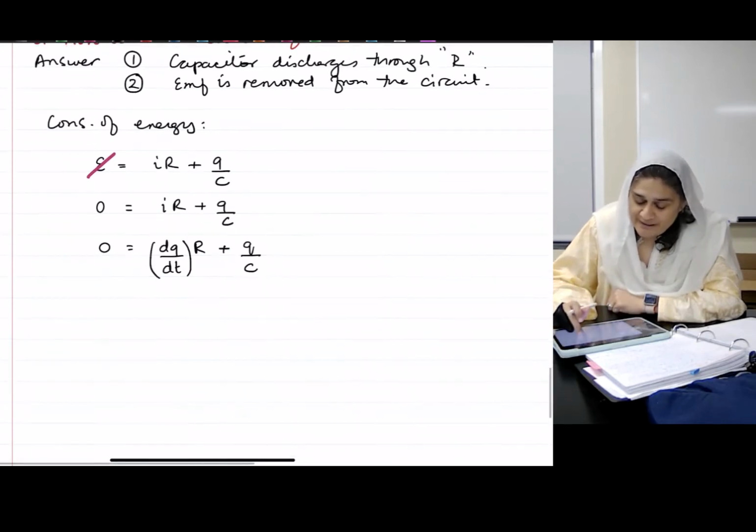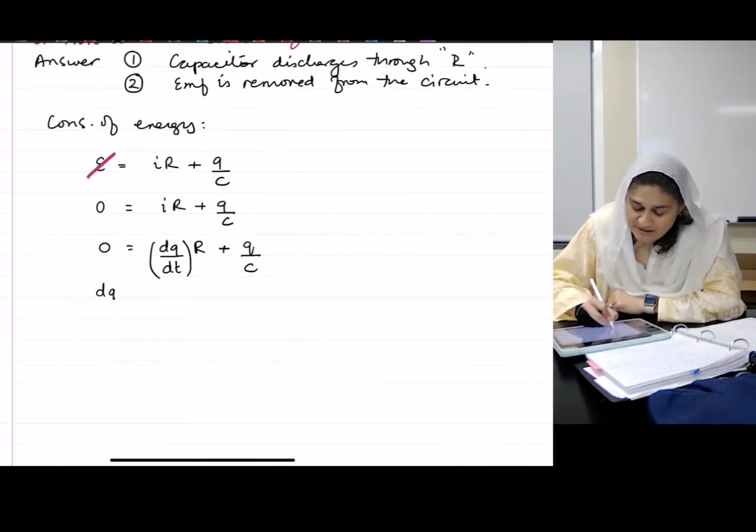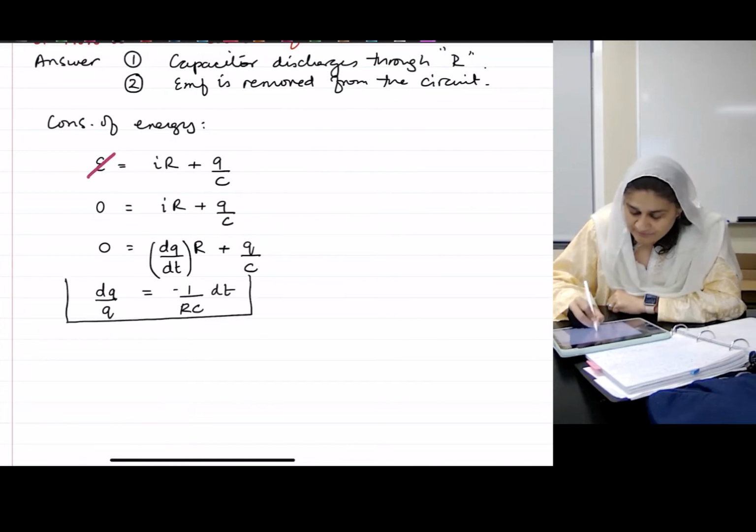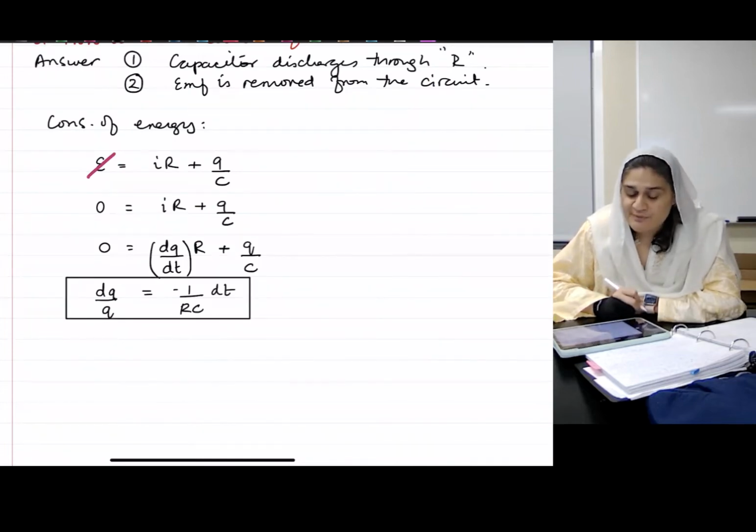May I rearrange this to give me dQ over Q equals minus 1 over RC dt. There's a couple of steps in the middle. I expect you guys can do those, right?